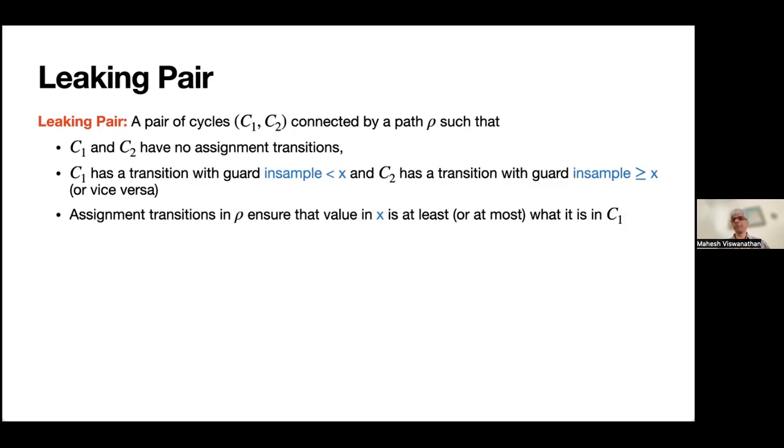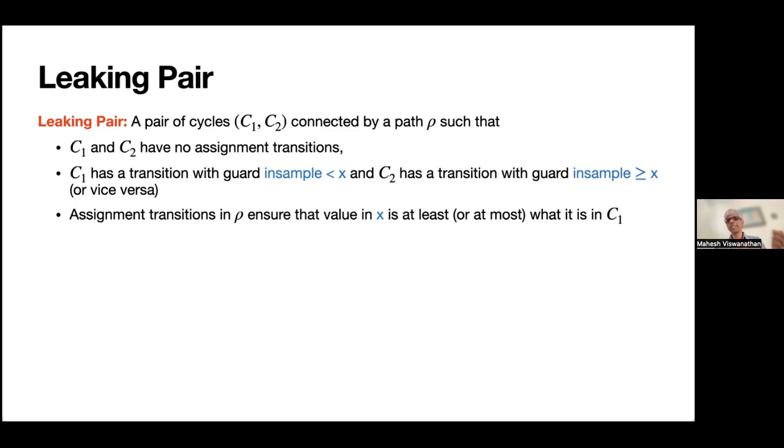So let's assume, for example, that there's a transition in C1 that checks that the sampled value is less than the stored value, and in C2, it checks that the sampled value is greater than or equal to the stored value. And the last condition required for a leaking pair is that the path connecting these two cycles ensures that the value stored in X only increases.